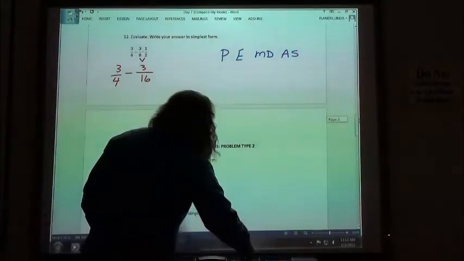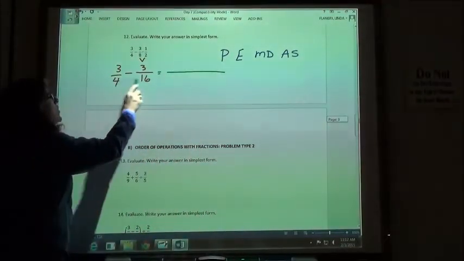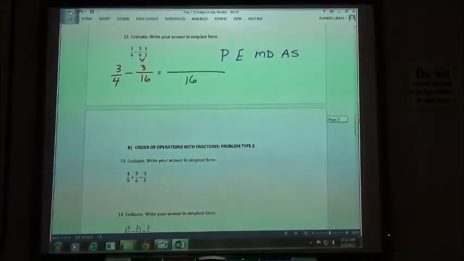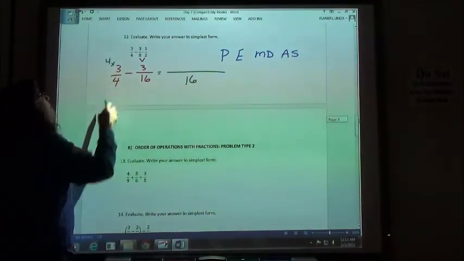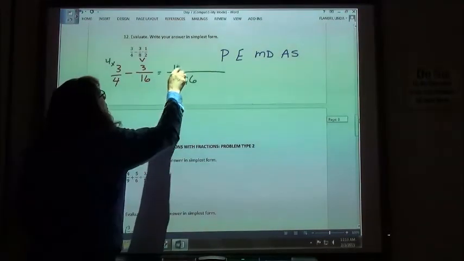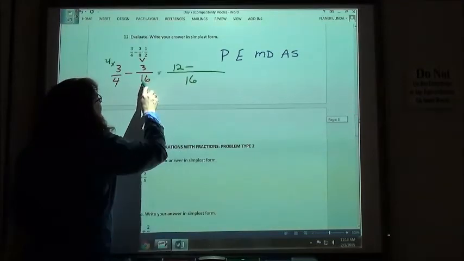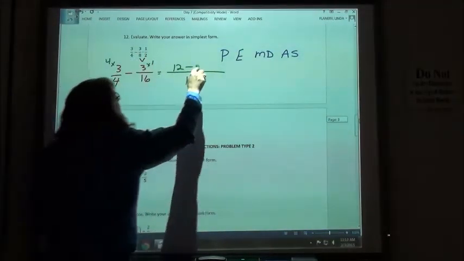Now I'm going to do my subtracting, so I have to have a common denominator. Since 4 goes into 16, 16 would be my common denominator. 4 goes into 16 4 times. 4 times 3 is 12. Minus 16 goes into 16 one time. 3 times 1, still 3.